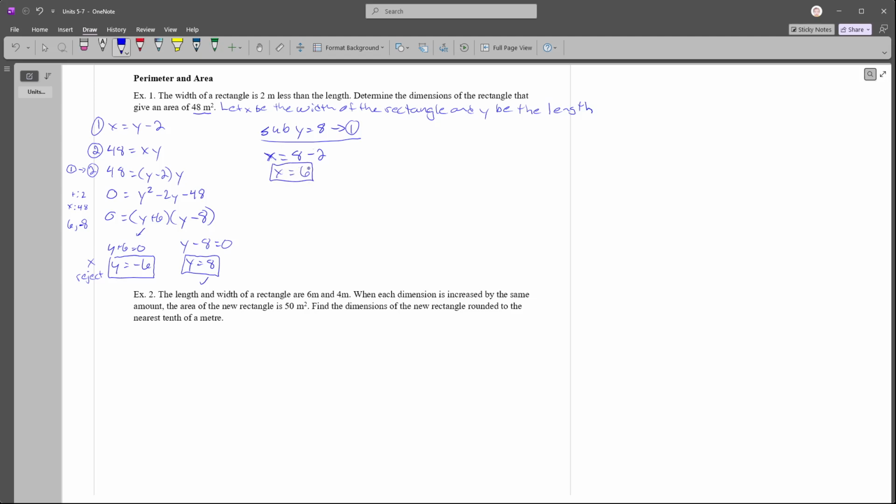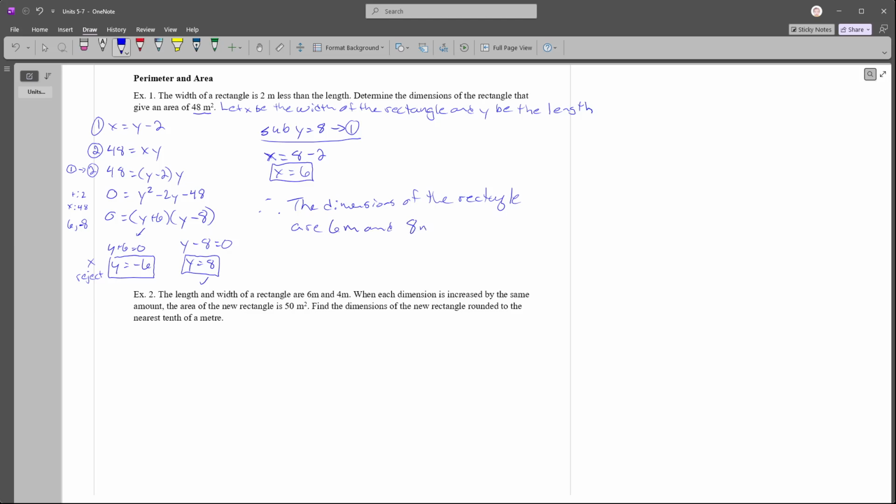So now we know our width is 6 and our length is 8. So therefore, the dimensions of the rectangle are 6 meters and 8 meters.